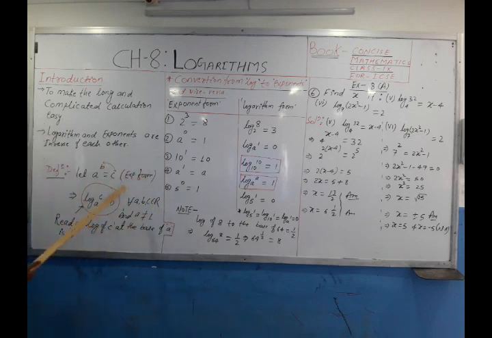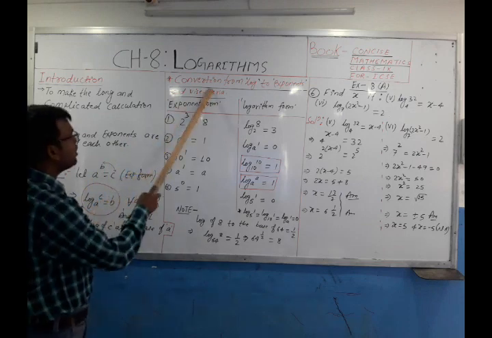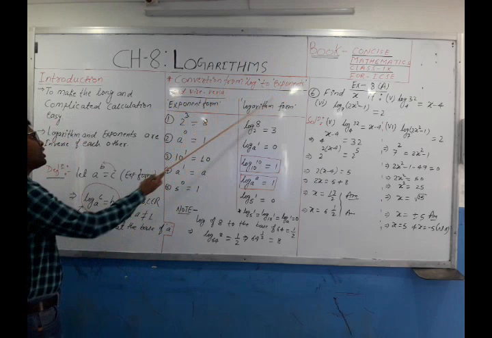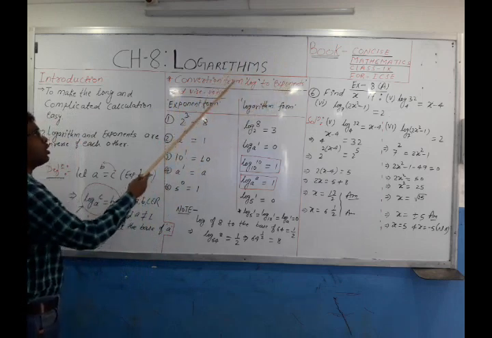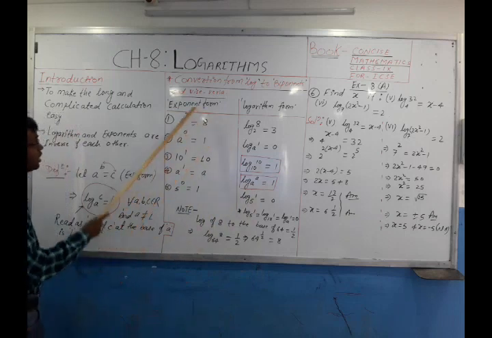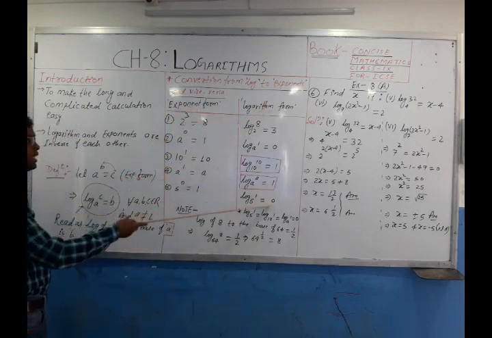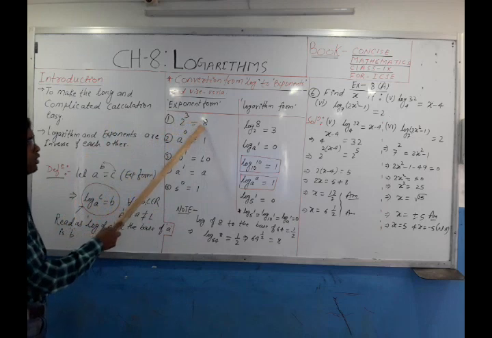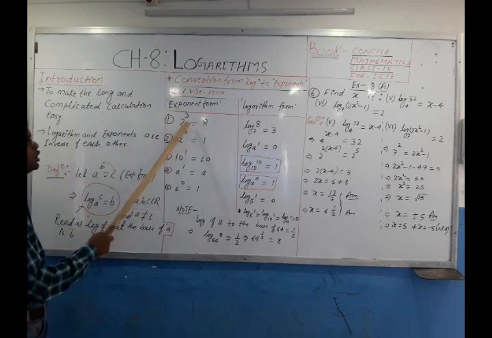Now how to convert from exponent to logarithm, and vice versa? You can convert from exponent to log or log to exponent. This side is the exponent form and this side is the logarithm form. See, 2 to the power 3 is equal to 8, that is 2 into 2 into 2, 3 times, equal to 8.